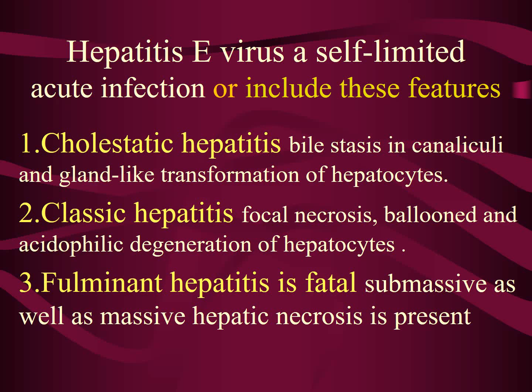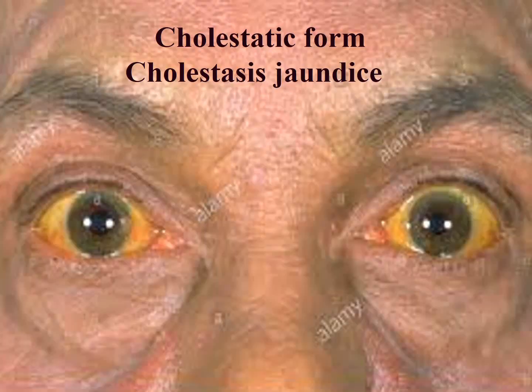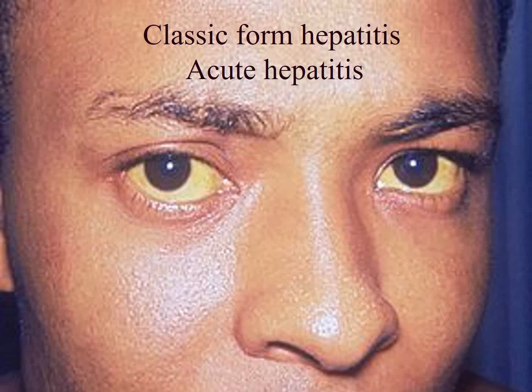I will show you some of these manifestations. This is the cholestatic type. This is the classic type. There is no greenish coloration of the jaundice.